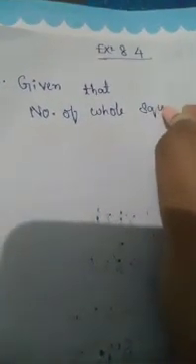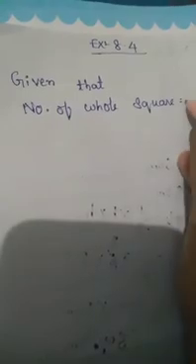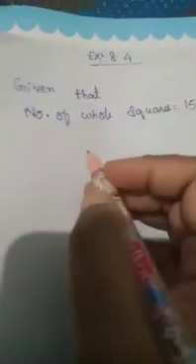Exercise 8.4, first one, given that number of whole squares equals 15. So we have counted how many squares are in this figure? First figure, 15. Number of whole squares equals 15.